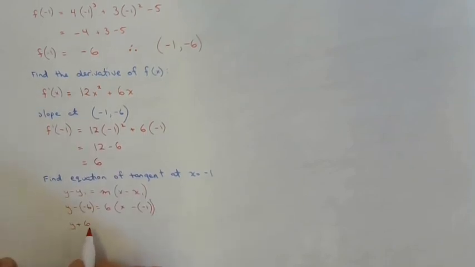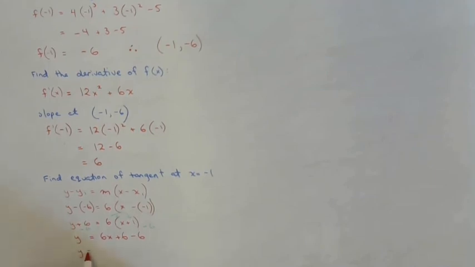So this is y plus 6 equals 6 times x plus 1. And now we can simplify. We've got y equals 6x plus 6 minus 6. So what did I do there? I distributed the 6 to x and to positive 1, and I also subtracted 6 from both sides.